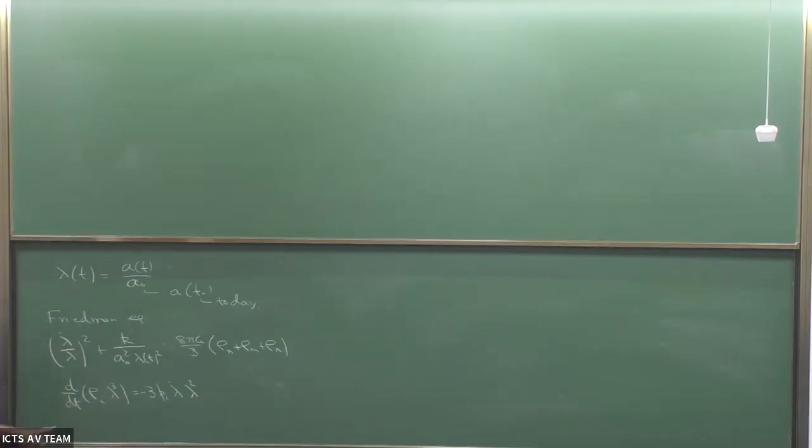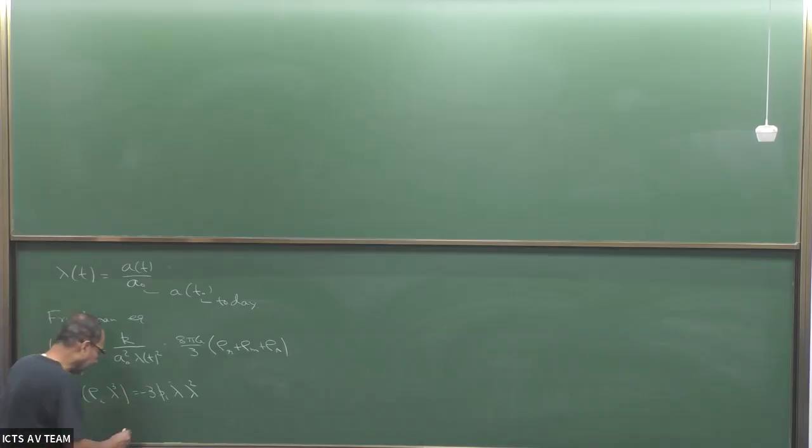This equation was written in terms of a, but both sides have a factor of a0 cubed that you can factor out. Once you write a as a0 times lambda, a0 is of course time independent, just a constant, so a0 cubed factors out from both sides, and I've just cancelled it out. Is this clear? This is just a rewriting of the equations that we had found.